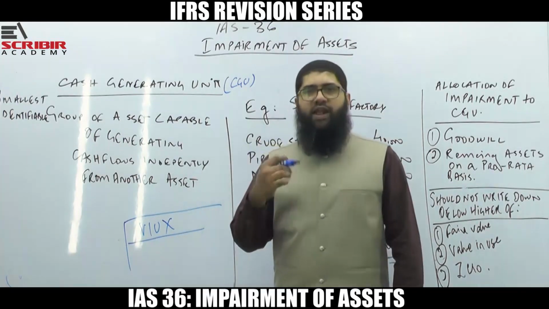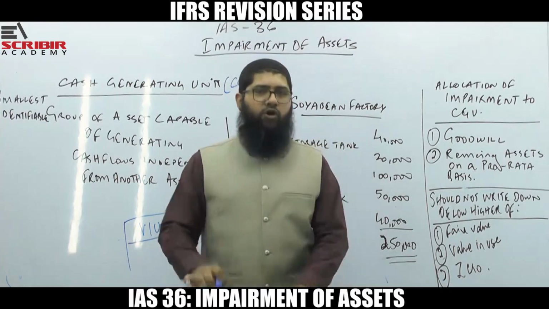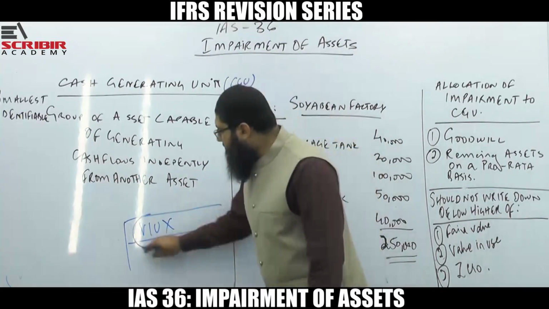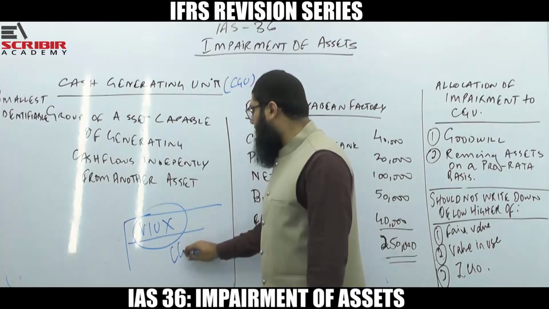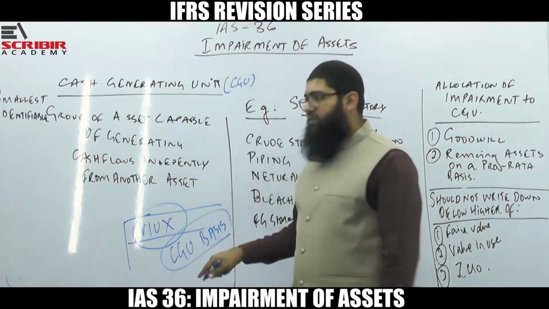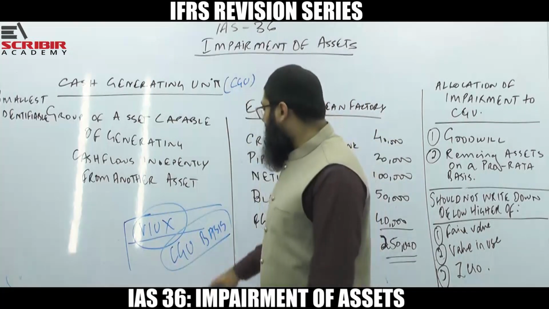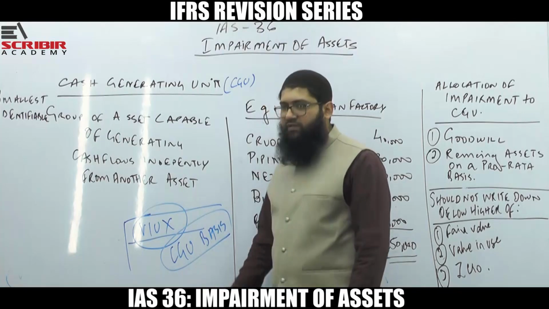So in case you have an asset for which value in use cannot be calculated, then you are going to test that asset for impairment on a CGU basis. What do you mean by testing an asset on the CGU basis?